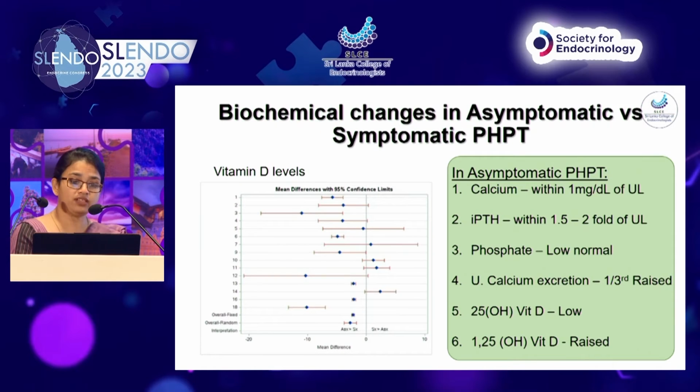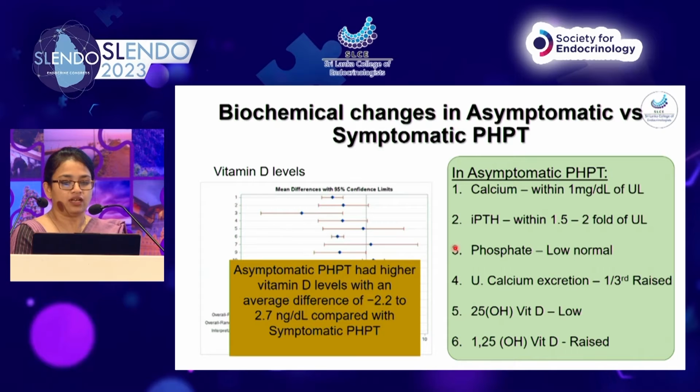And when we take vitamin D, it's the opposite. This systematic review has shown that asymptomatic hyperparathyroidism shows relatively higher vitamin D levels compared to the symptomatic group, although both groups are relatively low compared to normals.